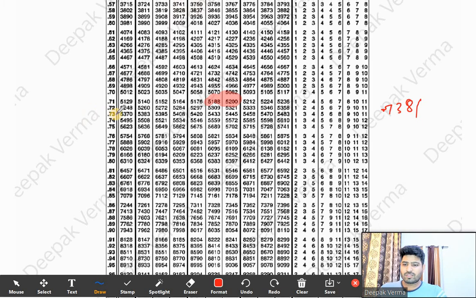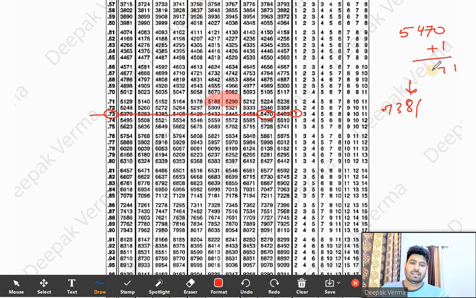So 0.73 is here. Now we need column number 8. This is 0, 1, 2, 3, 4, 5, 6, 7, 8. So this is column number 8 and the value is 5470. Now we need mean difference column number 1. So this is mean difference column number 1, that is 1. So we add 1 here.